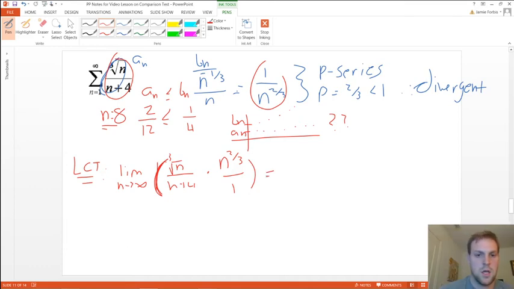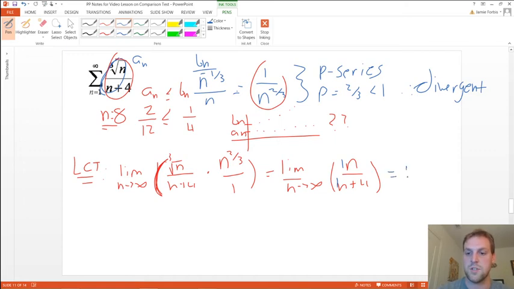If I were to multiply this out, I'd be left with just n on top, because that's n to the 1/3 power times n to the 2/3 power. So that adds to n over n plus 4. And because we have the same power on top and bottom, I'm going to take the leading coefficients, which equal 1. That's greater than 0. So because this is true, I am able to make a conclusion with the limit comparison test.